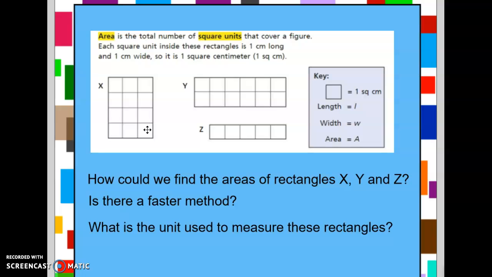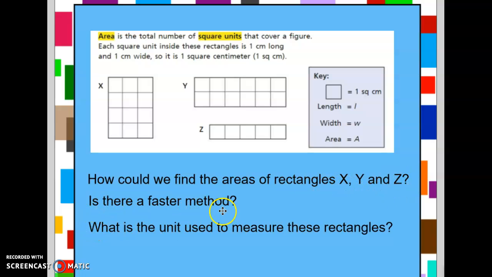But you're not going to want to do that much longer, because when we start giving you bigger areas, with more counting and smaller squares, it gets a whole lot more complicated. But yes, how do we find the areas of rectangles X, Y, and Z? We can count the squares inside. That would answer this question right here, wouldn't it?